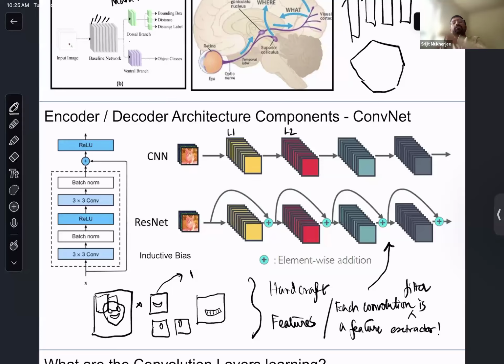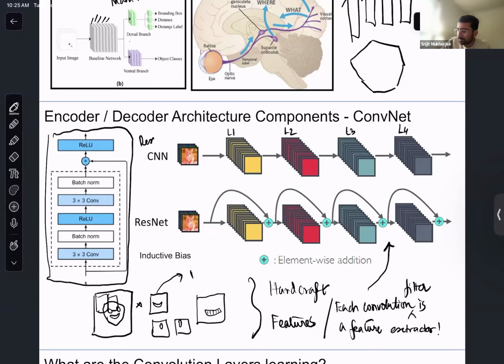And at each level, different information is being learned. Now, in this process, one important aspect that came up was this ResNet layer. So what does this residual connection do? As you learn this deep hierarchical structure, often the earlier information gets lost, which may be important for the later layer detection. So they added this skip connection, and this built this general layer, which they call the residual block.